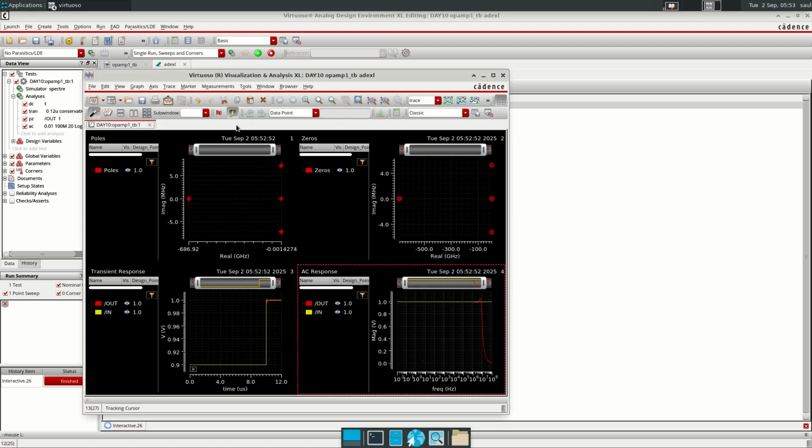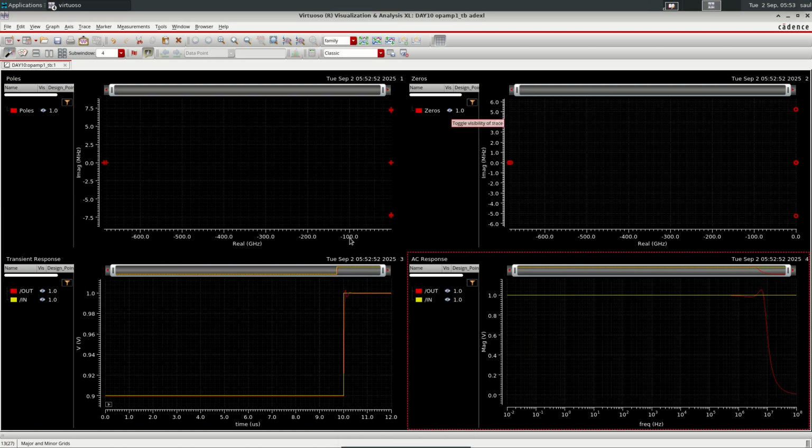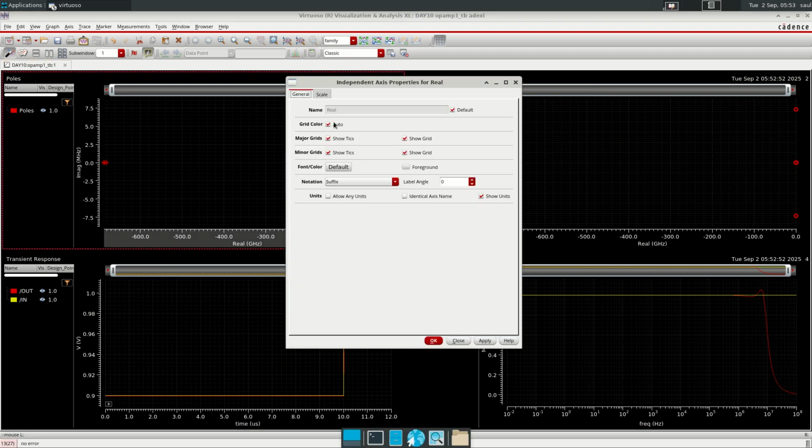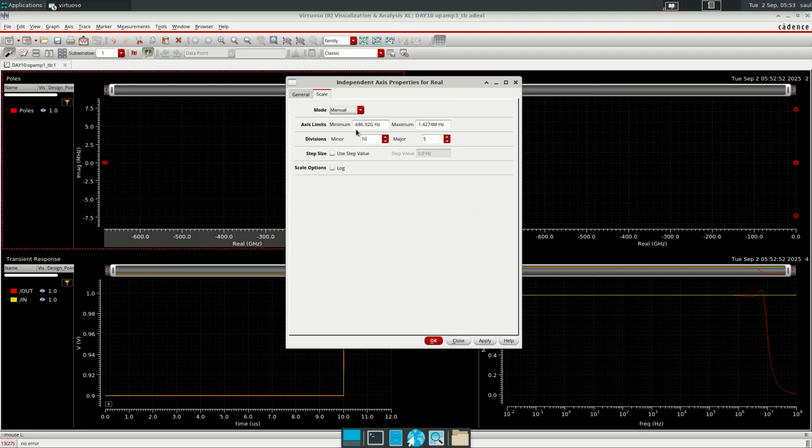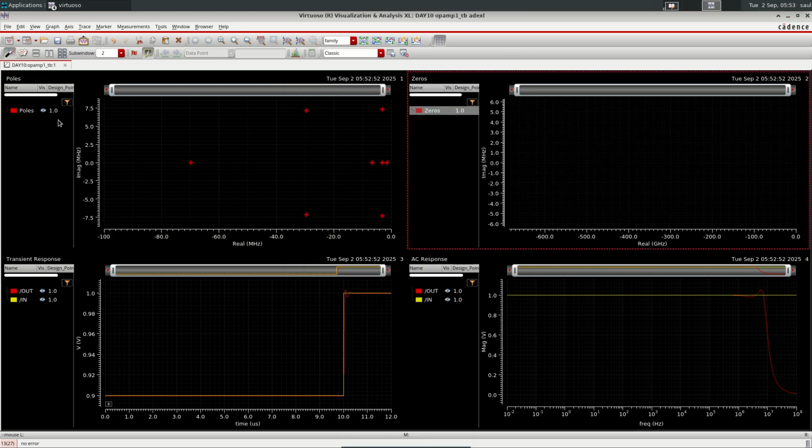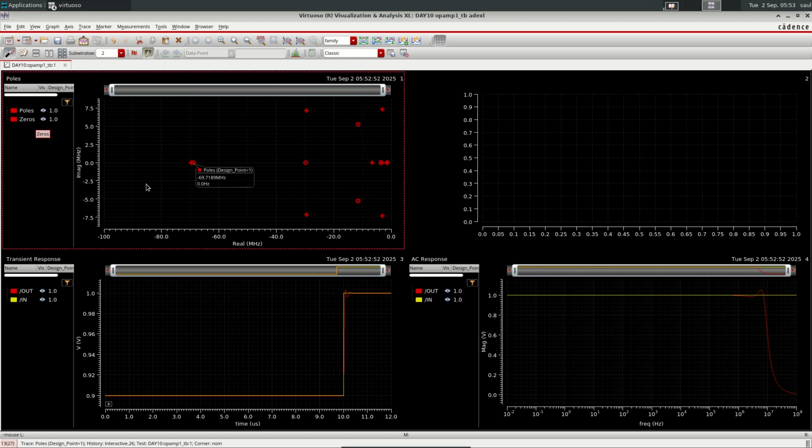So run the simulation, and then we check. Let's take a look very quick. The positions of poles and zeros, and we can put the zeros in the same figure. Okay, so we have three poles, and they are located close to the Butterworth position.